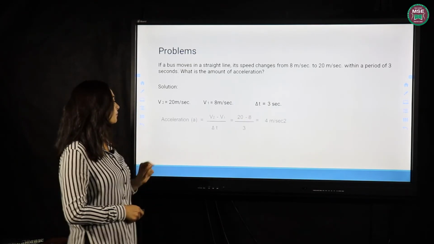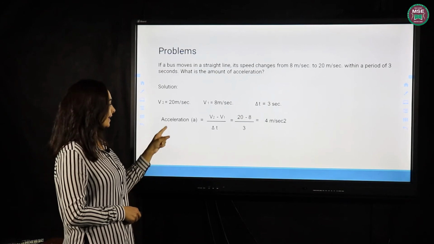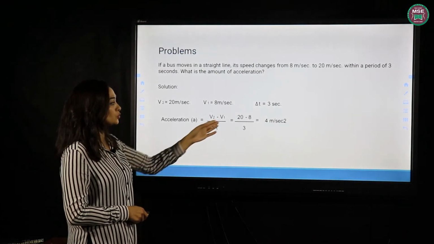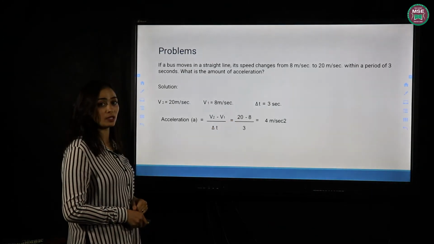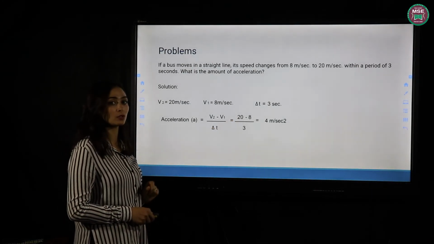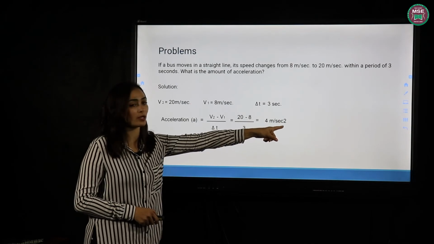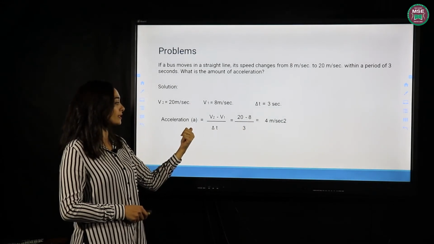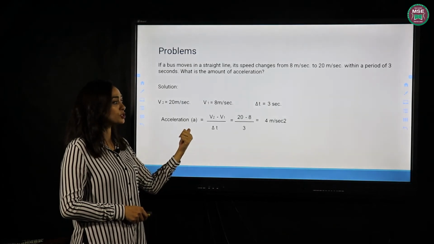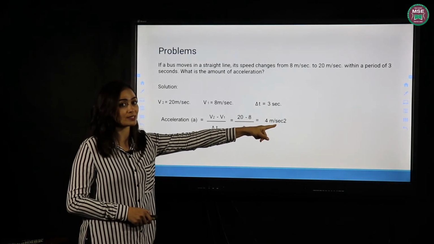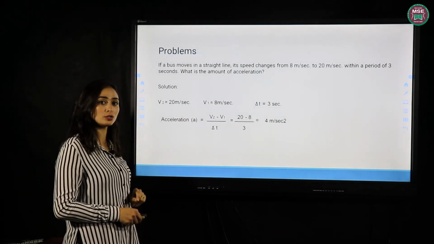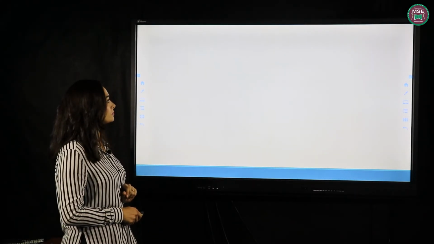Okay, concentrate. So we write the rule: acceleration A equals V2 minus V1 over delta T, 20 minus 8 over 3, equals 4 meter per second square. It's a very important point. The measuring unit of acceleration is meter per second square, while meter per second is the measuring unit of speed.